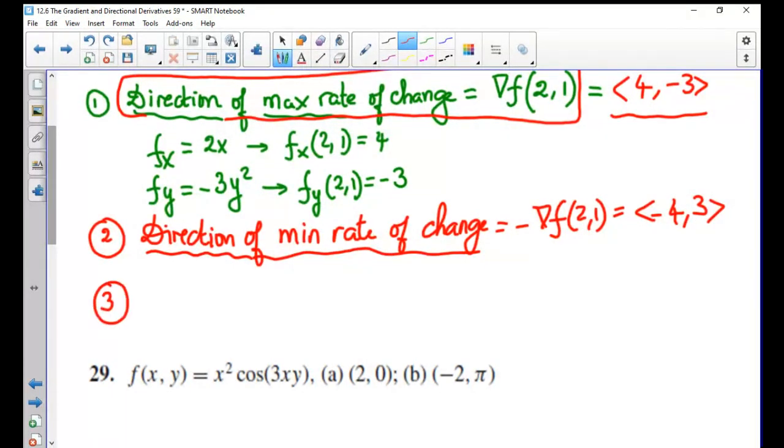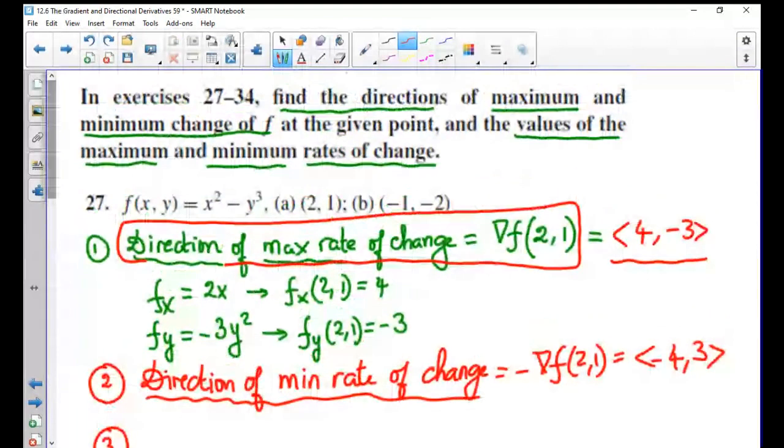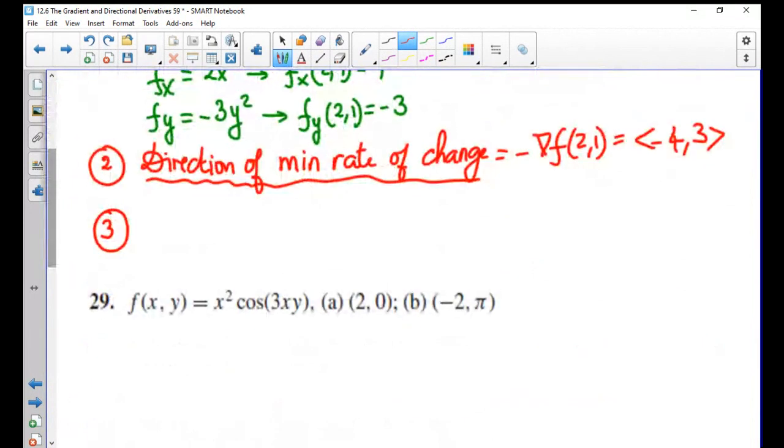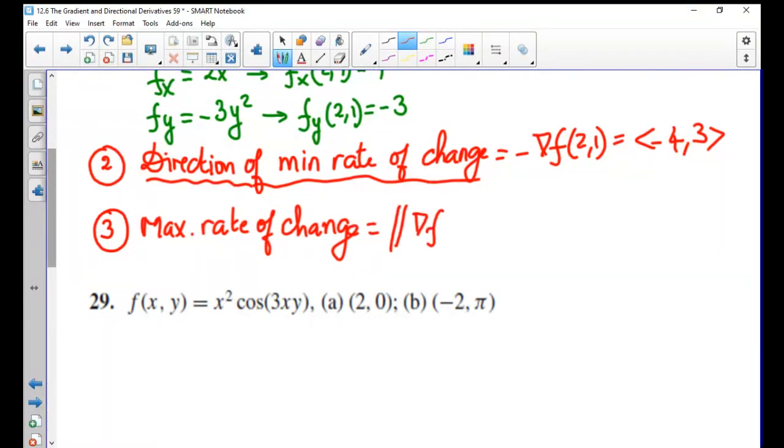Number 3, now we actually want the maximum and minimum change. The values of the maximum and minimum rate of change. So maximum rate of change is the gradient and its magnitude.